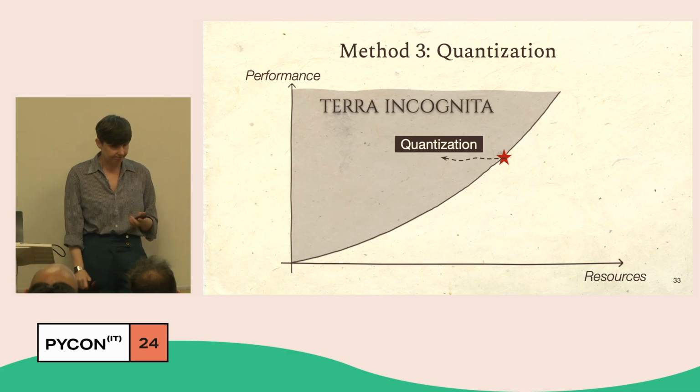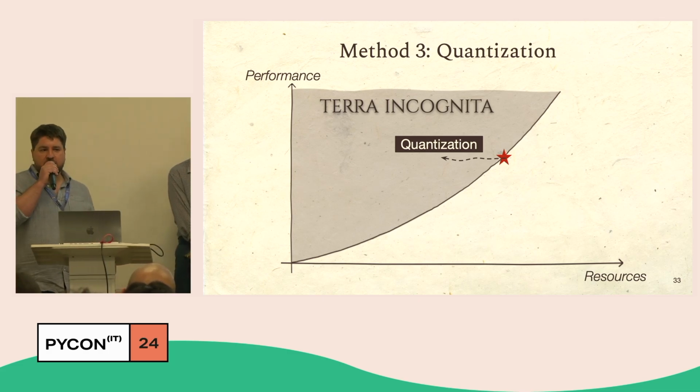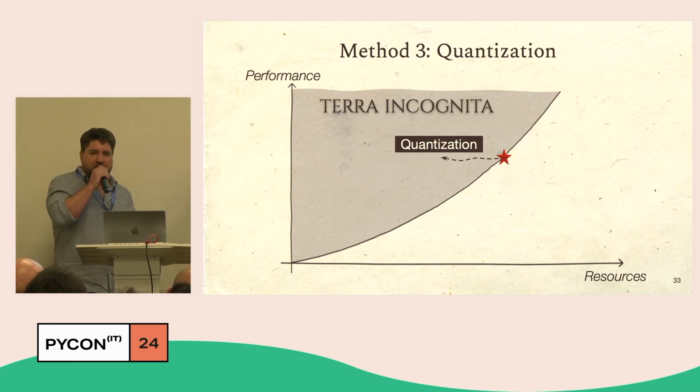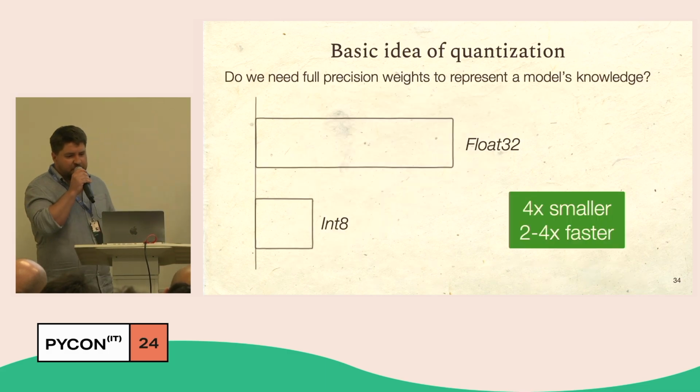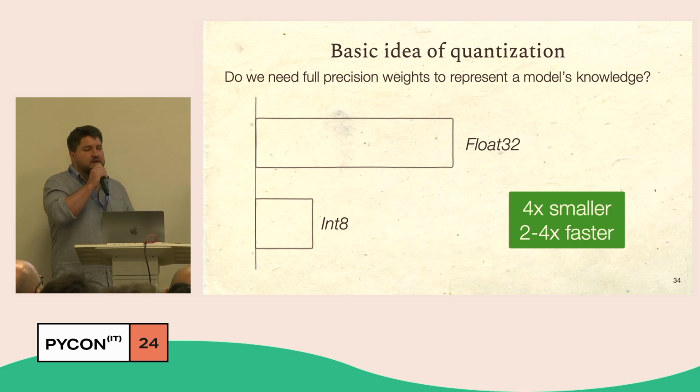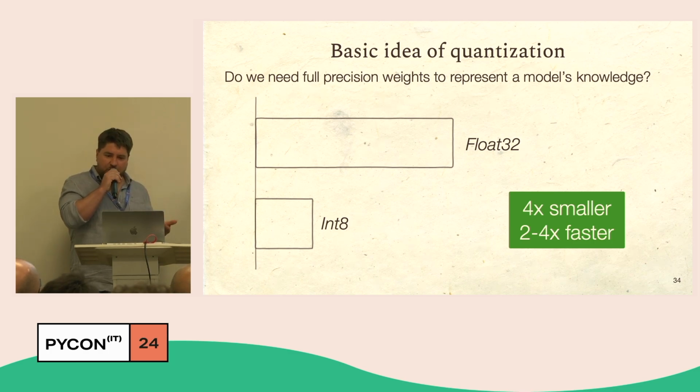Microbudget method number 3, quantization. That's a hot topic right now because it's one of the factors driving the, I should say, explosion of open LLMs that you can run on your local machine with modest hardware, but a bit more on this later. What's the basic question we're asking here? The question is, do we really need the full precision of floating point numbers to represent the knowledge that's in the model, to represent the model's weights?